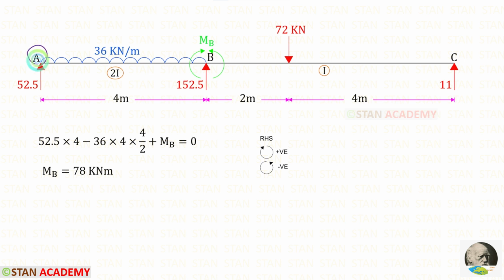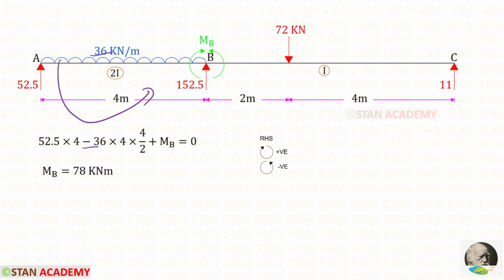From the point A, let us take moment about B and find the moment at B, MB. Let us assume that it is a hogging moment. RA is acting in the clockwise direction, so that it will be positive and the distance is 4. The UDL is acting in the anticlockwise direction, so that it will be negative.